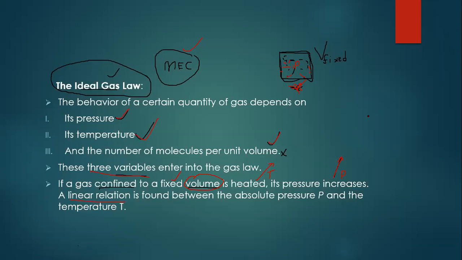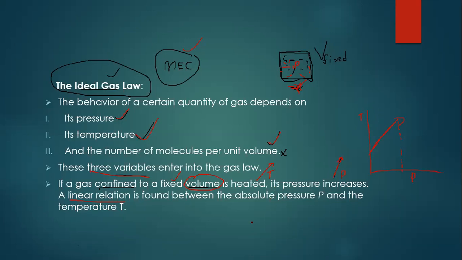So a linear relationship is established like this. Imagine this is my temperature and this is my pressure. If I increase my temperature like that, I expect my pressure to also be increasing. So they have a linear relationship.